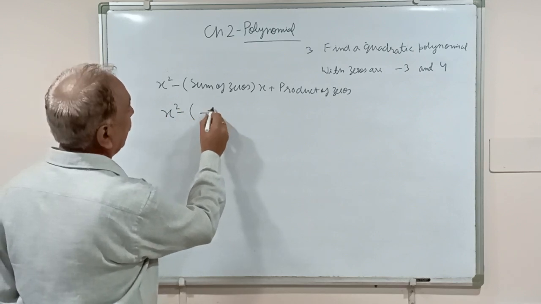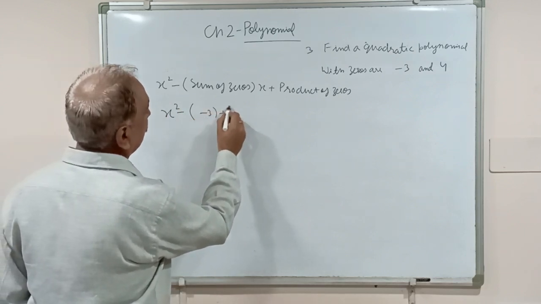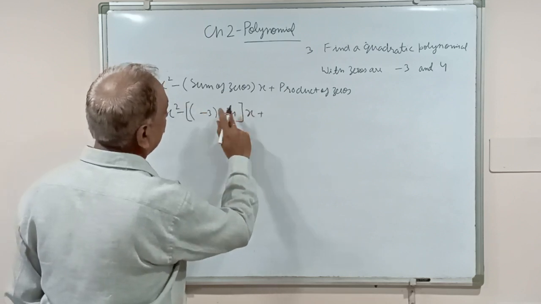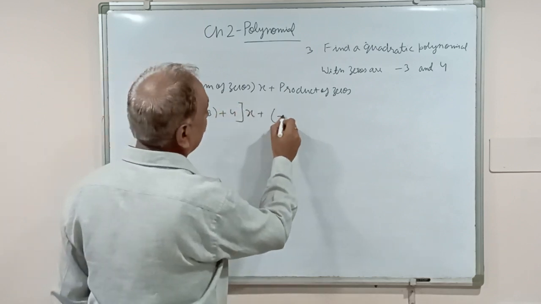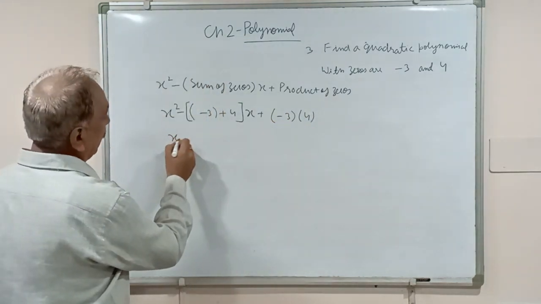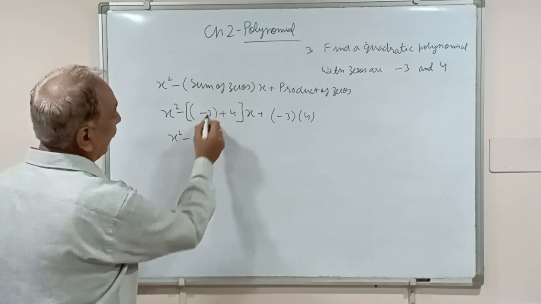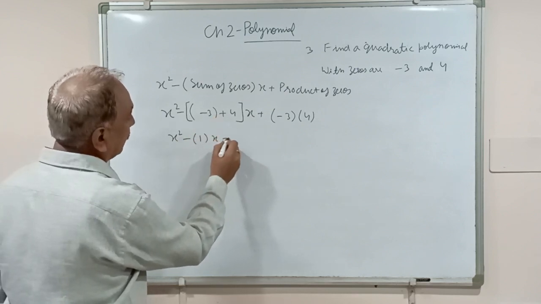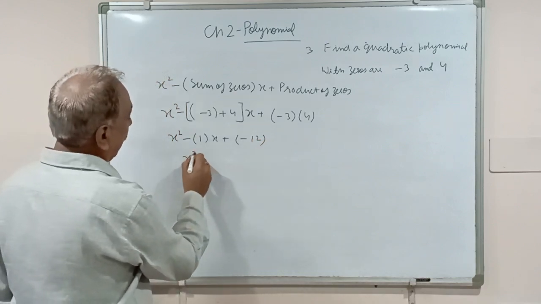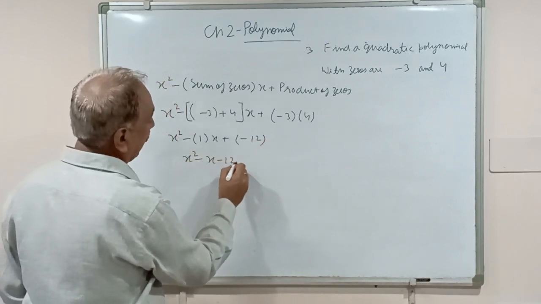Sum is minus 3 plus 4, x. Quadratic is minus 3 into 4, x square. 4 minus 3 is 1, plus 1 x. 4 into 3 is minus 12. x square minus x minus 12.